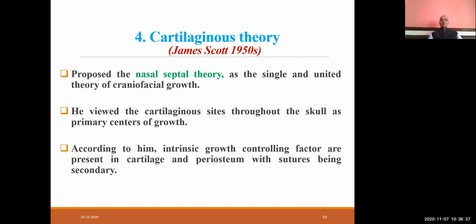The next theory is the cartilaginous theory, given by James Scott. He proposed the nasal septal theory as a single and unified theory of craniofacial growth. He viewed that the cartilaginous sites throughout the skull act as primary centers of growth. According to James Scott, intrinsic growth controlling factors are present in cartilage and periosteum, with sutures being secondary.